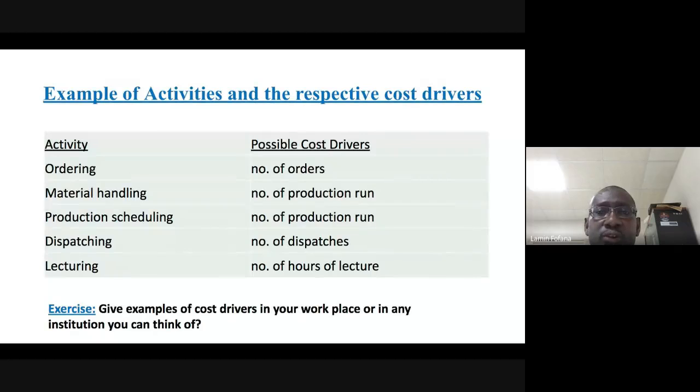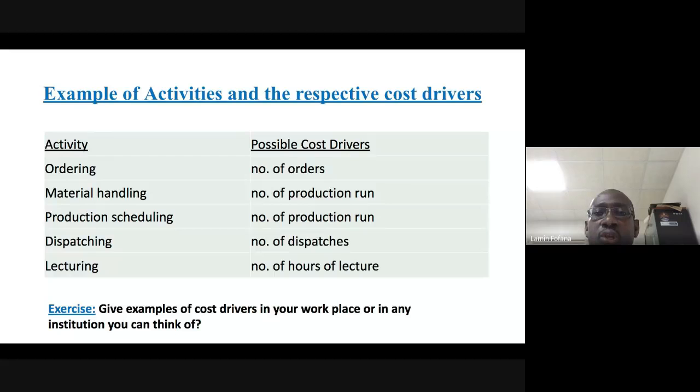Mamat works at GTSC. Mamat, what are some of the cost drivers that GTSC can use when it wants to apportion overheads to their various products? Your products will be the buses. Let's say you have your admin cost, and you want to find how profitable each bus is.